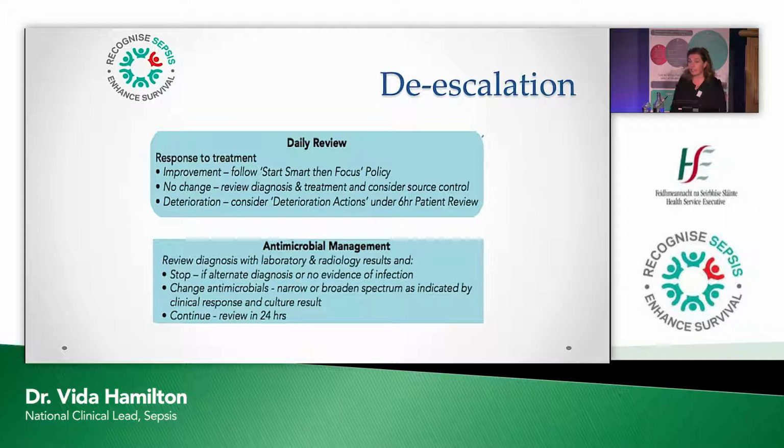So I'll give just a little clinical vignette. The patient comes in, they have tachypnea, they have a cough, some pleuritic chest pain, and they have low oxygen levels. And they are diagnosed with a respiratory tract infection. They're at risk of sepsis, so they're given the Sepsis 6 bundle. And a number of tests and investigations are done.